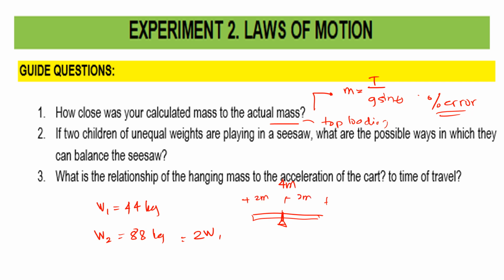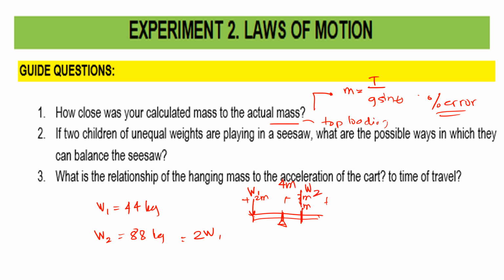To balance the seesaw, we can ask person 1 to sit here, at weight 1, and then the 88 kilograms child should be sitting somewhere here. We can set this at maybe 1 meter. So weight 1 should be sitting here.